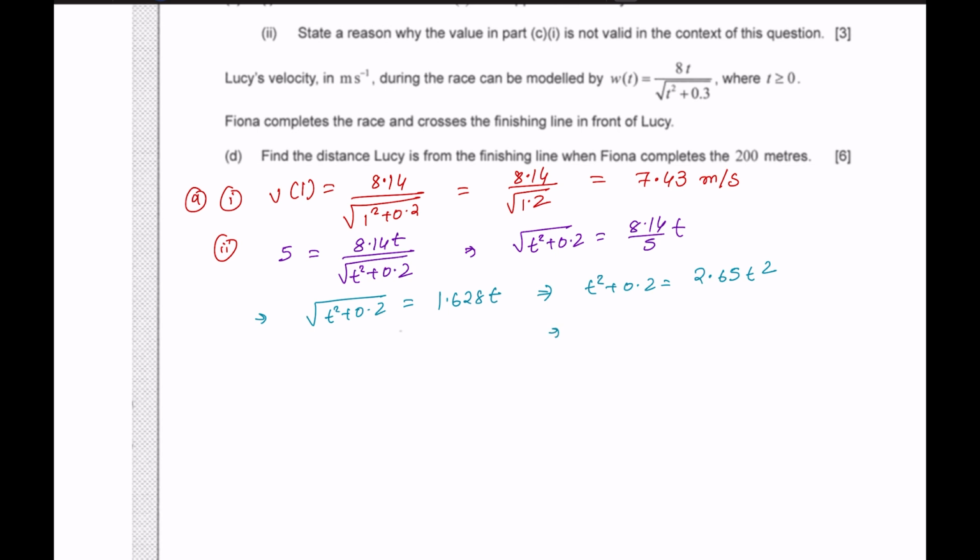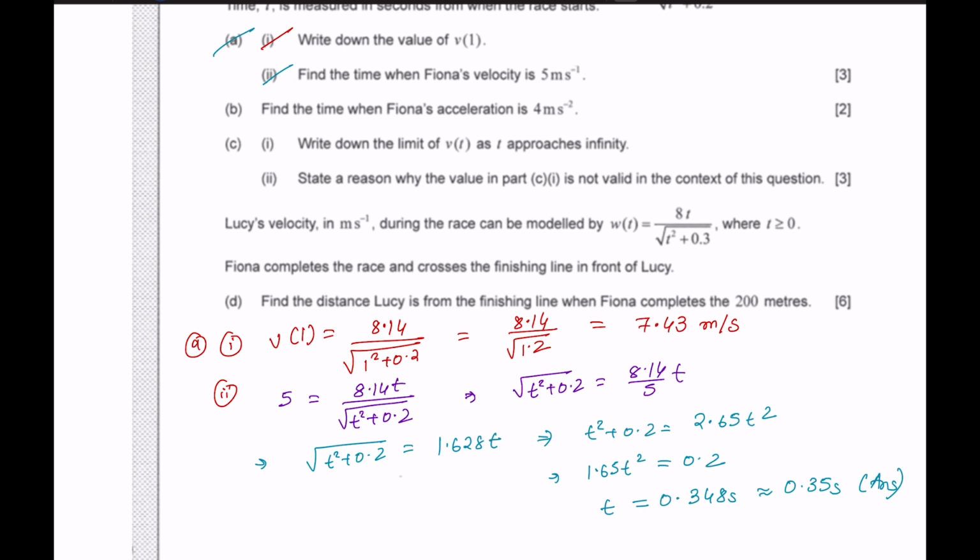So if I bring t² to the other side, I'll get 1.65t² equals 0.2. From here, if I plug it in my calculator, I'll get t as 0.348 seconds, approximately 0.35 seconds will be my answer.